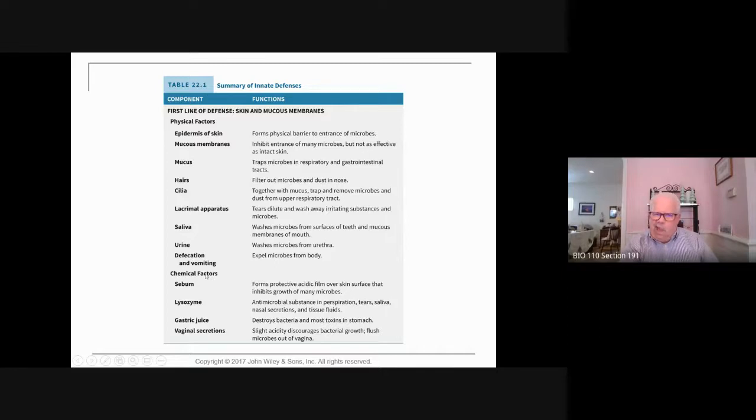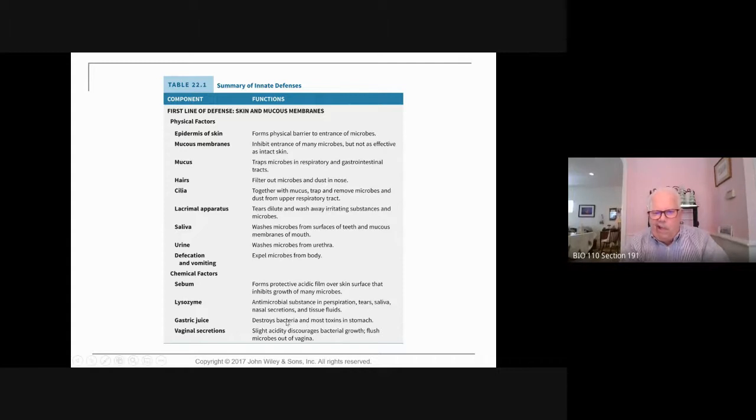There are also chemical factors. Sebum in the oil glands of your body produces acid, which will inhibit the growth of microbes. They also will produce lysozyme, which will become an additional substance in your perspiration, in your tears, in your saliva, in your nasal secretions that will kill bacteria.